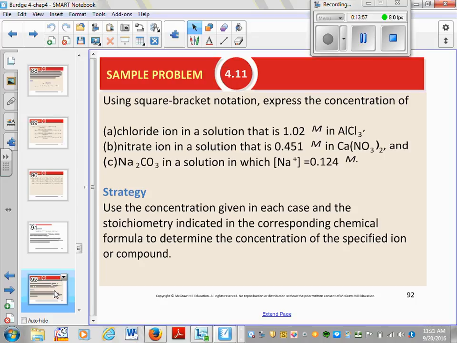Nitrate ion in the solution of 0.451 molar calcium nitrate. So calcium nitrate is going to break up into calcium and nitrate. Let's not make this harder than it needs to be. How many nitrates are we going to get? 2. 2 NO3s. Remember, that's 1 unit. So what is the concentration of nitrate in that solution?